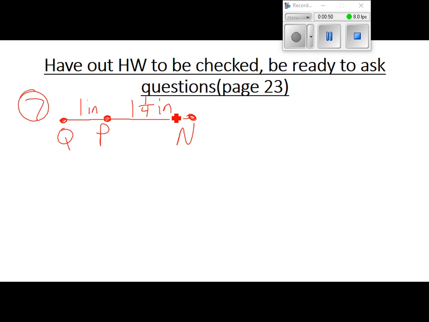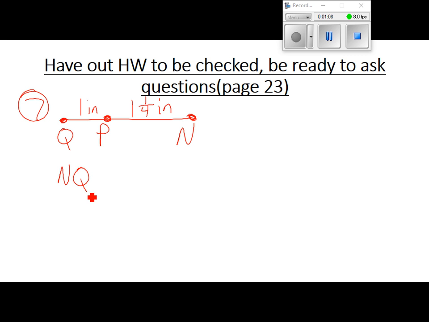And they want us to find... Somebody help me out. What's this say? Give me a little more. One more word. Segment in Q. That part's correct.